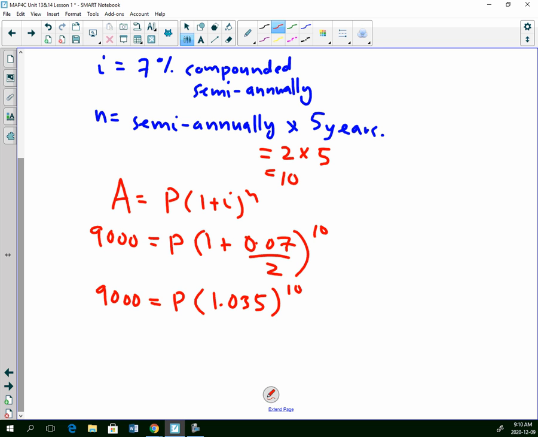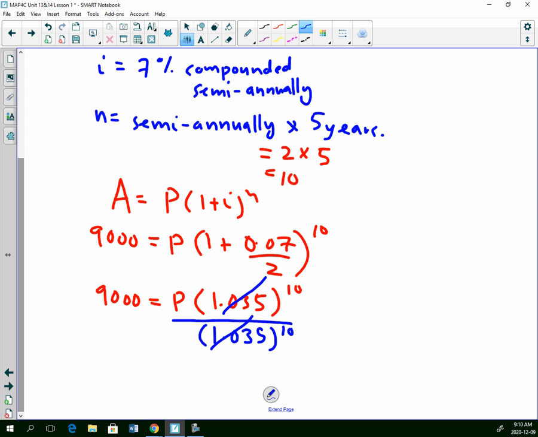So this goes back to your rearranging equations. What operation is between P and the bracket? Is it add, subtract, multiply, or divide? Multiplication. So what do we have to do to inverse that? It's the opposite of multiplication. Divide, right? So if I want to find P, I'll have to divide to get rid of this, right?